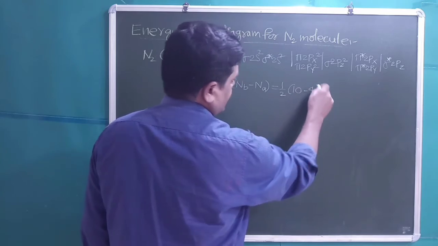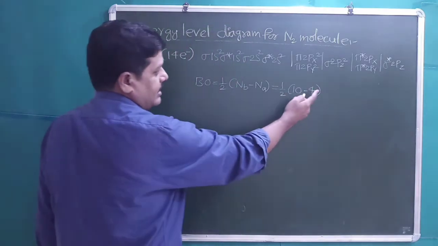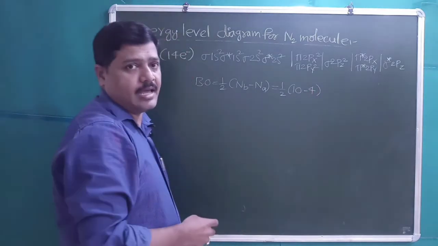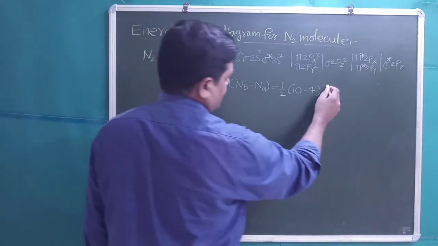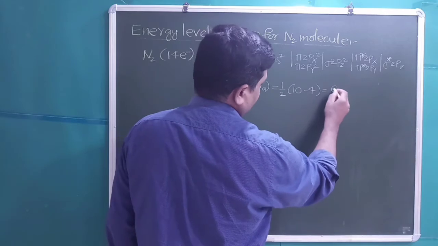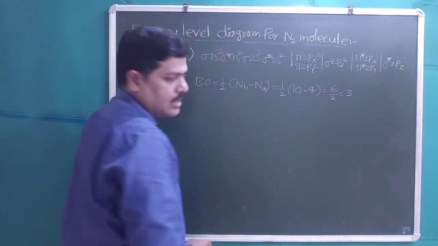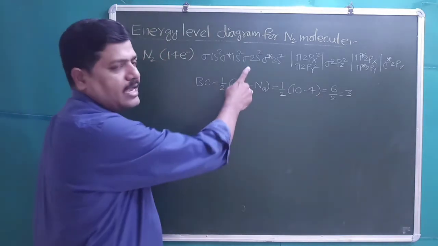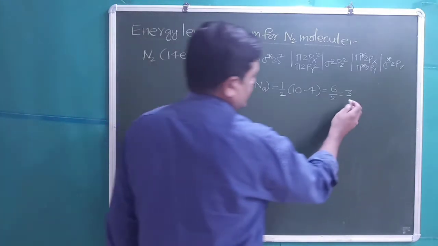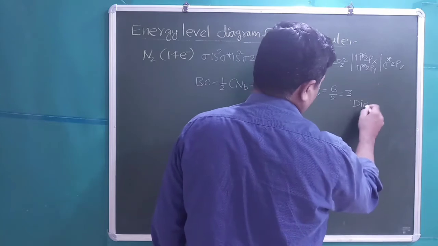The number of electrons in anti-bonding molecular orbitals is 4. 10 minus 4 is 6, divided by 2, so the bond order is 3. It does not contain any unpaired electrons, so it is diamagnetic in nature.